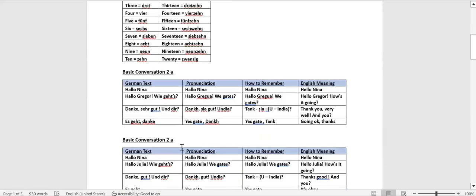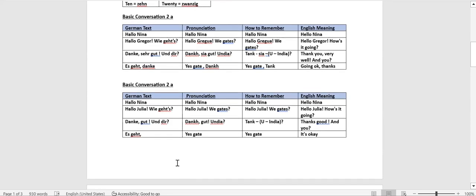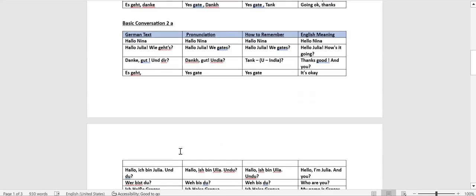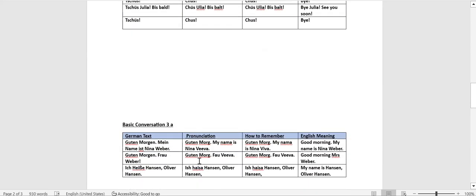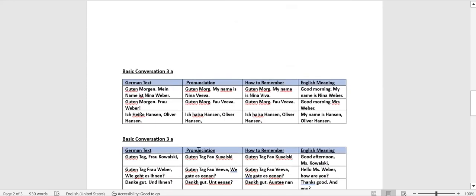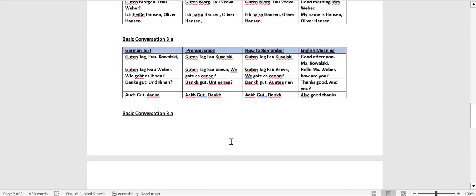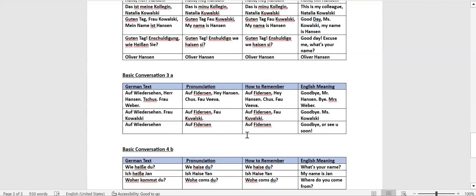It also teaches you how to say hi, how to introduce yourself with your name, how to ask others how are you, or how to say bye bye to others in a casual way. It also teaches you in a formal way how to talk to your colleague and how to say bye in a formal way.